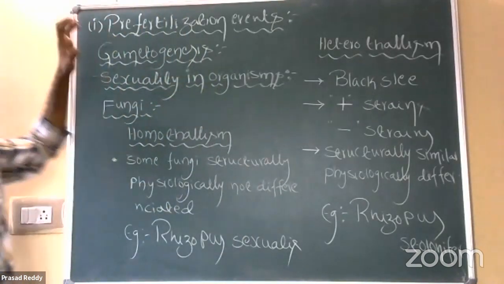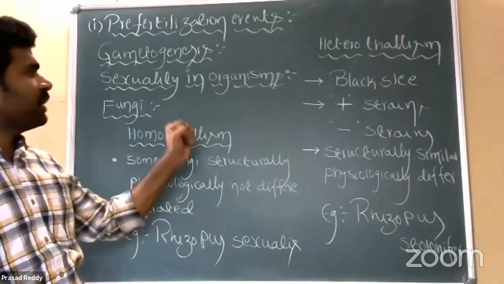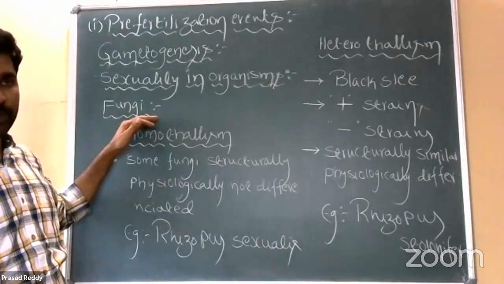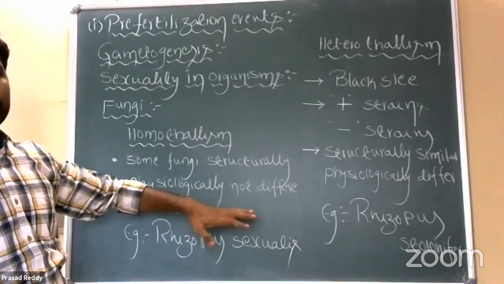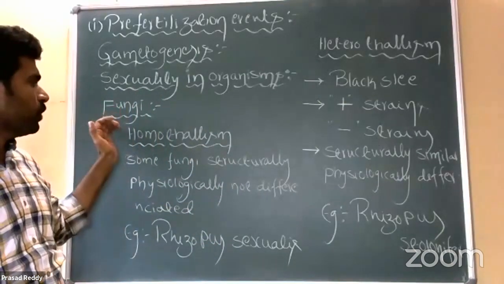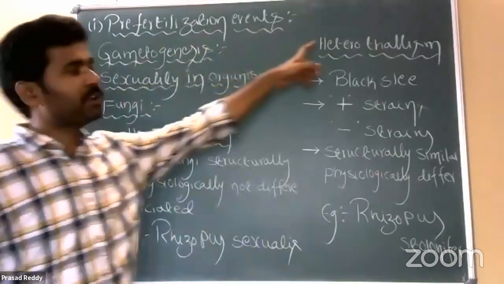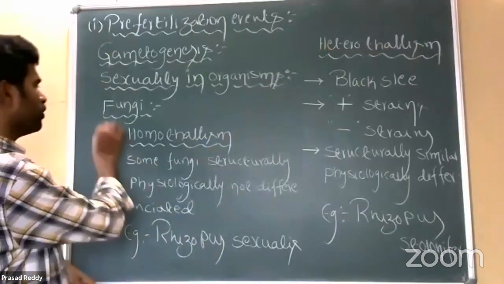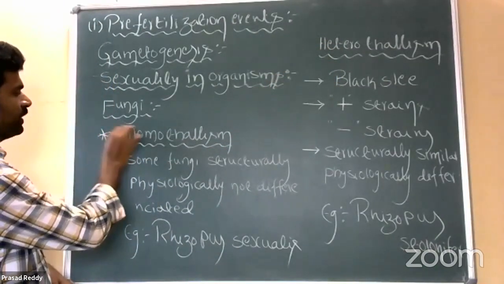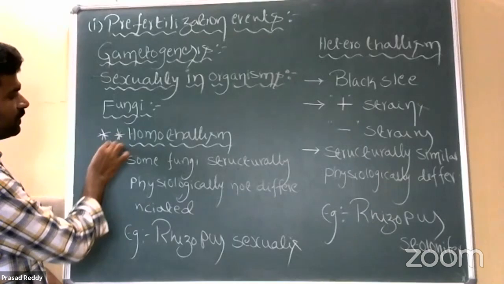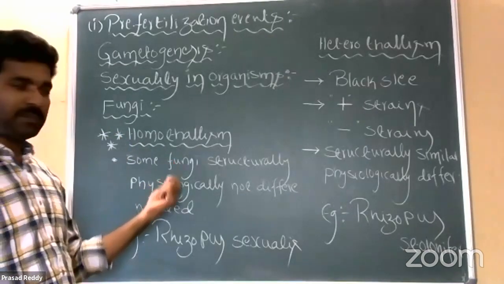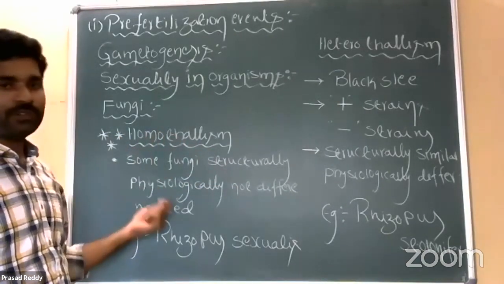Then, how do we identify sexuality in fungal members? Based on sexuality, fungal members can be classified into homothallic organisms and heterothallic organisms. What are homothallic organisms? In some fungal members, structurally they are similar, and physiologically also they are similar.